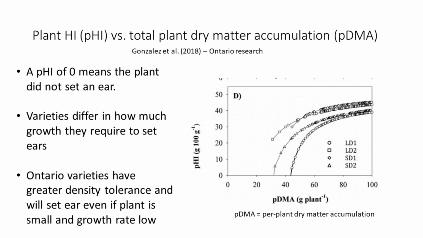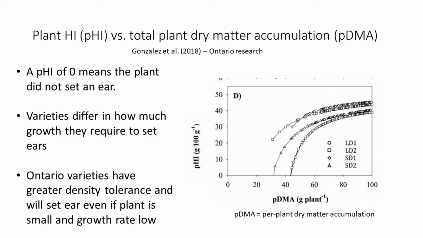Here you have 4 different corn genotypes. This is a graph from one of his papers. On the x-axis is per plant dry matter accumulation, so the weight or mass of that plant, and on the y-axis, you have harvest index.